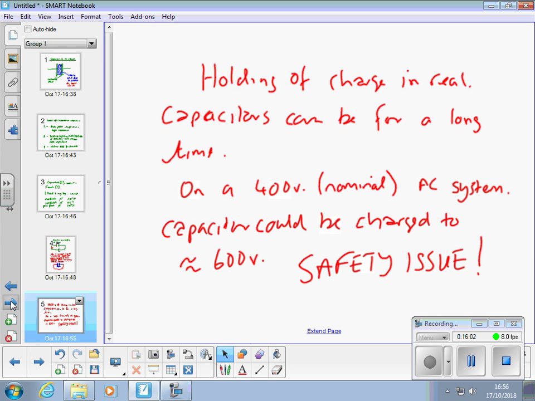Always worthwhile getting a little lead with a resistance in it, and just clipping it across, discharging. Big motor inverters quite often have a lot of capacitance in them for the rectification. They have a little LED on them that you're supposed to wait until it goes out before you take the cover off.